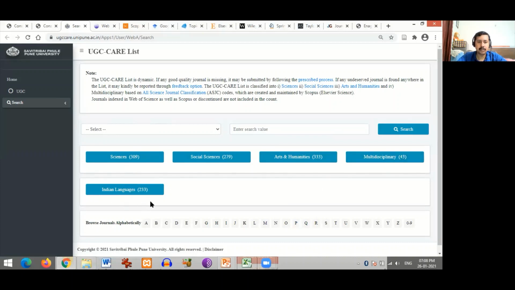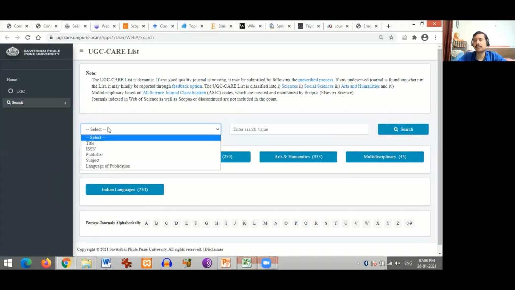Based on language, you may search, or you may browse the journals alphabetically. It is also possible to search for a particular journal based on its title or ISSN or publisher or subject, language of publication.